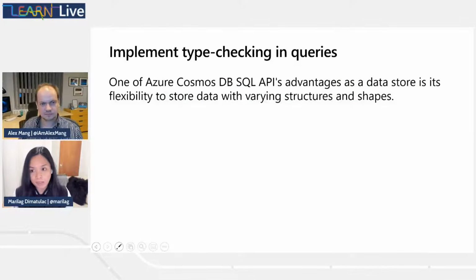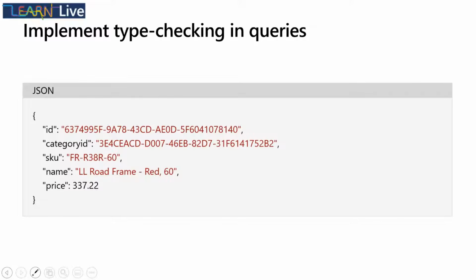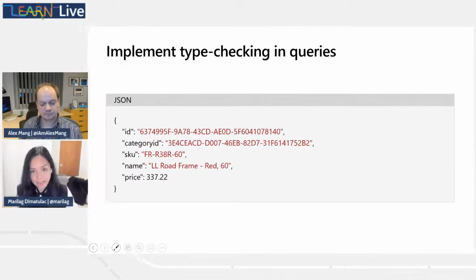So there are a bunch of built-in functions for basic type checking. Let's go through the first one. Let's say you are saving products, and in the beginning it's well known that all products have tags.